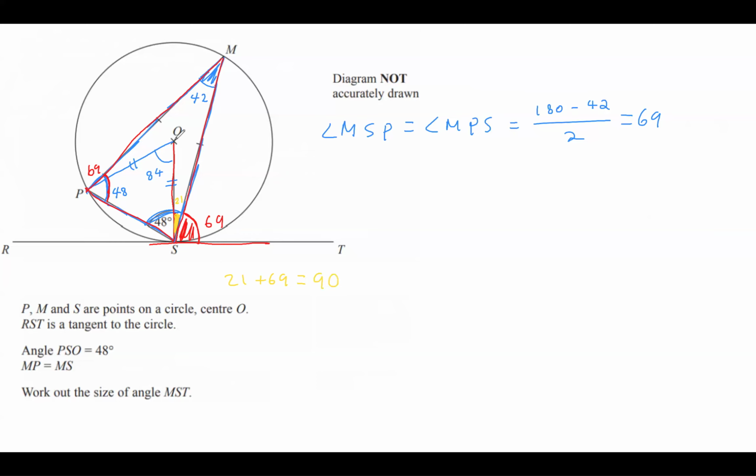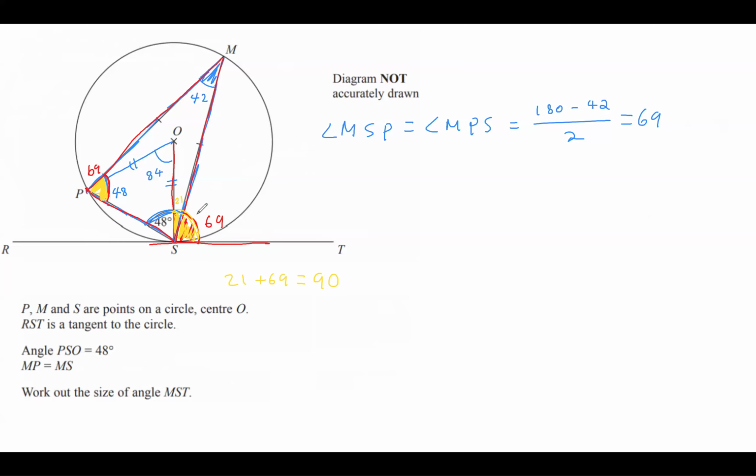So it all makes sense because even my radius meets my tangent at a total of 90 degrees. But really, with this question, you would preferably use the alternate segment theorem. So once you know this angle over here, you can then go ahead and work out the angle over there, which is 69 degrees in total.